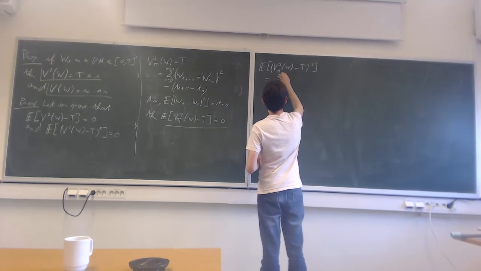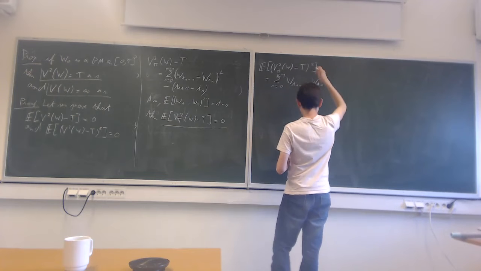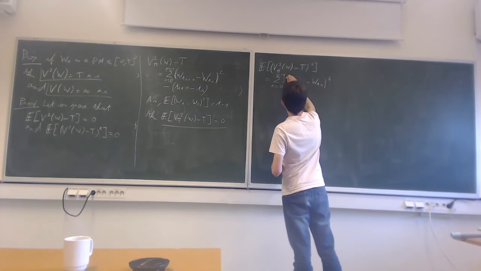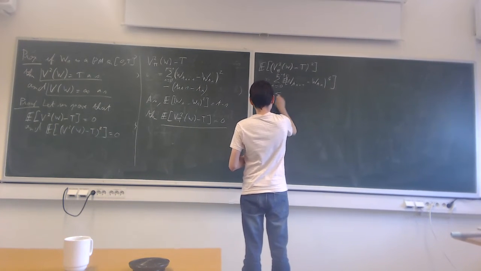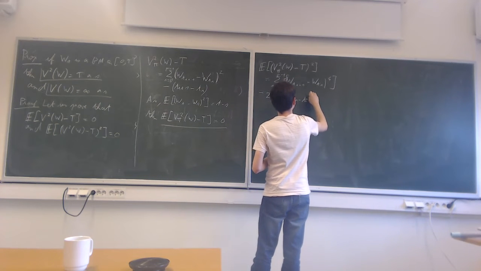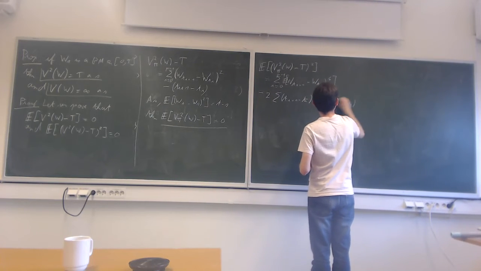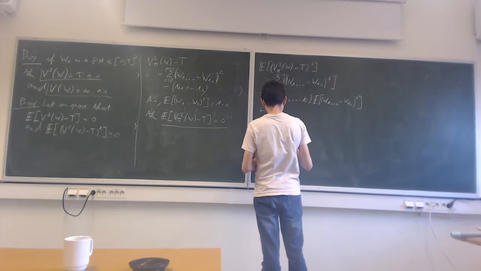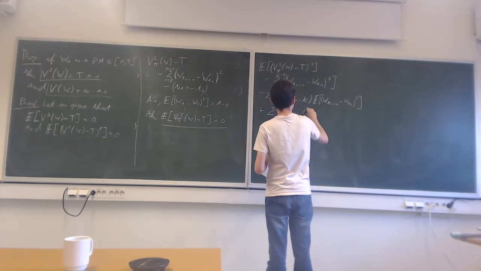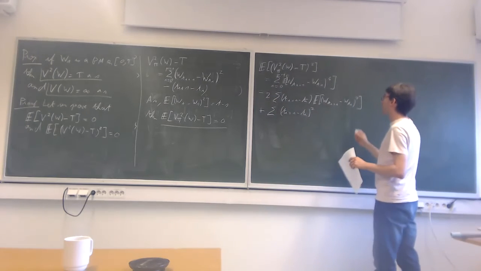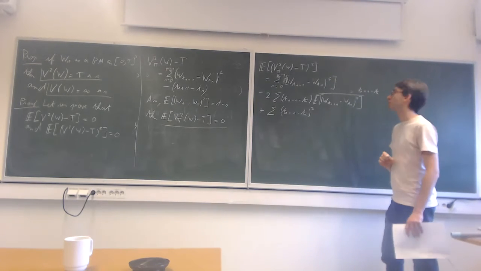So we have the sum, i from 0 to T minus 1, of the expectation of (W_{T_{i+1}} minus W_{T_i}) to the fourth, minus 2 times the sum of T_{i+1} minus T_i times the expectation of (W_{T_{i+1}} minus W_{T_i}) squared, plus the sum of (T_{i+1} minus T_i) squared.